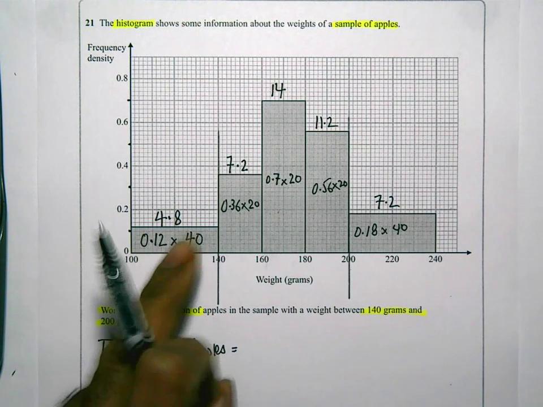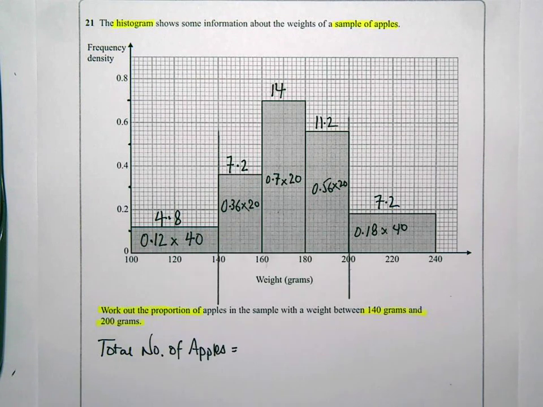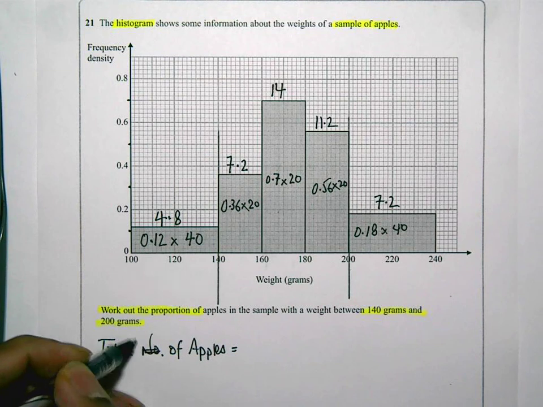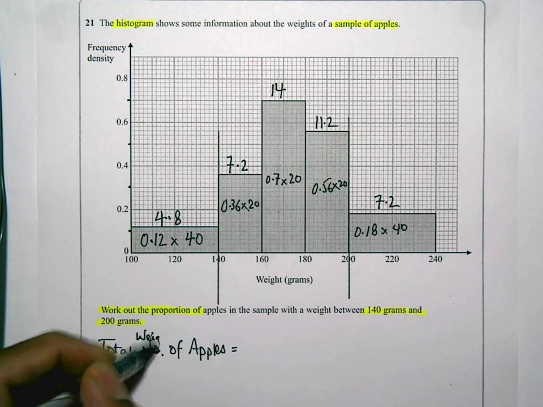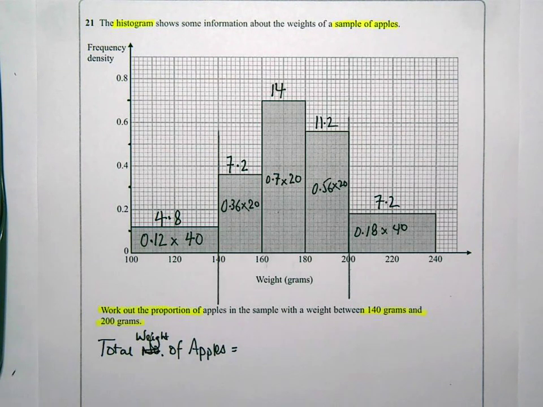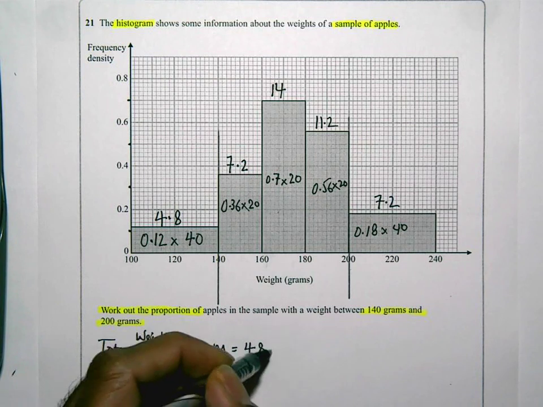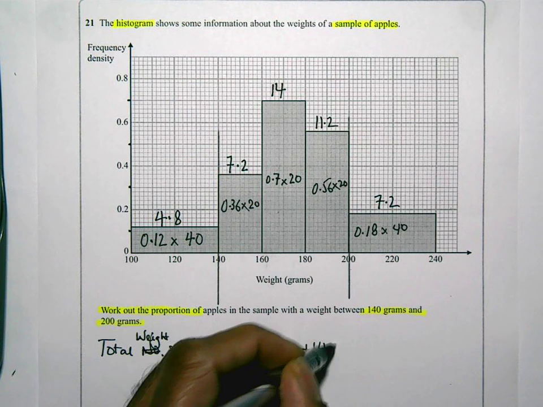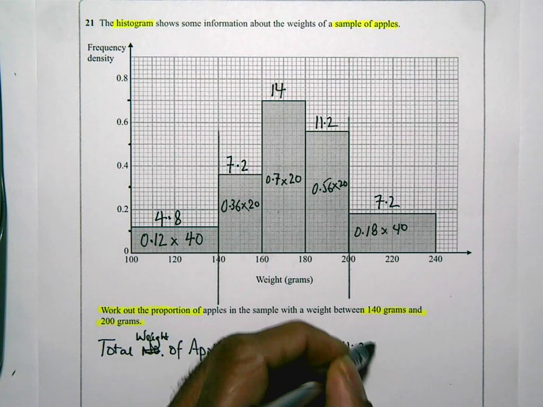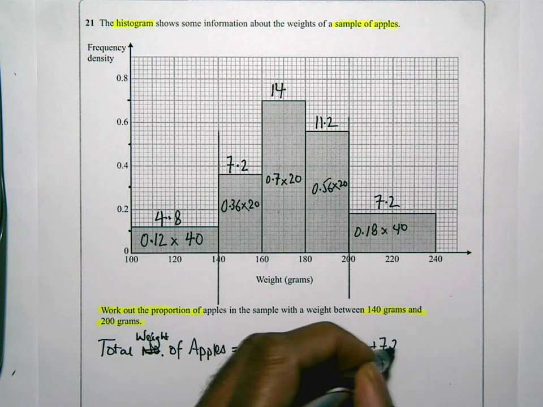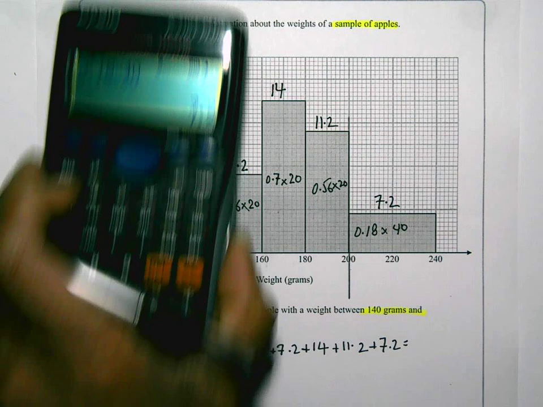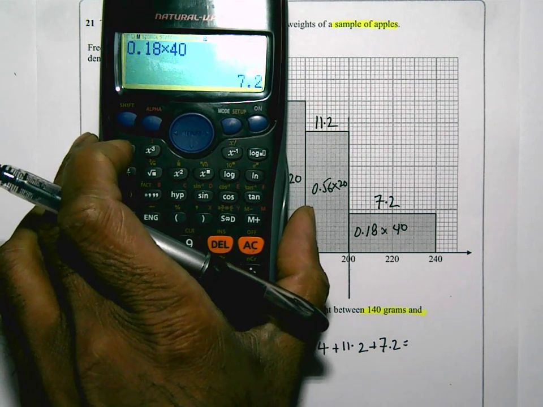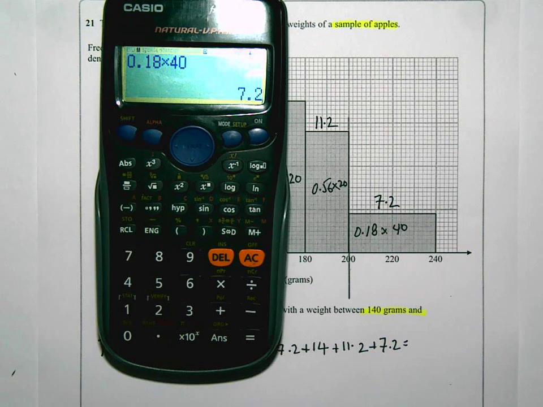So the total weight of apples is 4.8 plus 7.2 plus 14 plus 11.2 plus 7.2. I need to add those up. And again, I'm going to use the calculator for that. You've got the calculator for this exam, so might as well take full advantage of it.